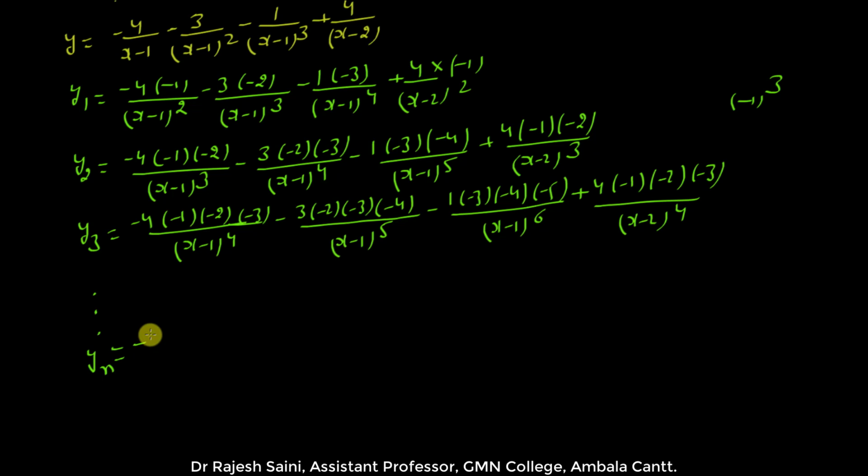So minus 4 will be as such because it is present in each and every derivative, into minus 1 raised to the power n, times 1 into 2 into 3 is 3 factorial, 1 into 2 is 2 factorial. When here is 3, here is 3 factorial. When here is 2, here is 2 factorial. So whenever here will be n, here will be n factorial, divided by, when here is 3, here is 4. When here is 2, here is 3. So whenever here will be n, here will be n plus 1.